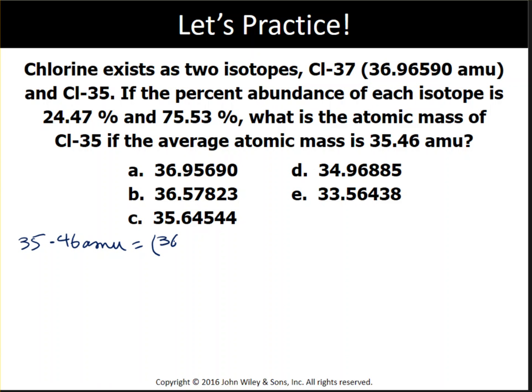Chlorine 37 is 36.96590 AMU times percent abundance, which is 0.2447, plus the atomic mass of chlorine 35, which is what we're solving for, times the percent abundance, which is 0.7553.